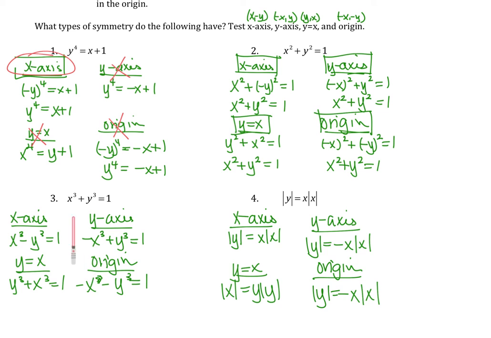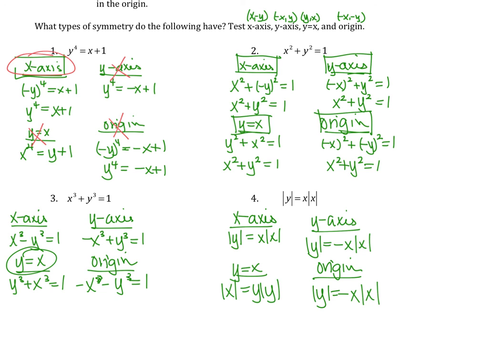In the y-axis, we get negative x cubed plus y cubed equals 1, also not the same. For y equals x, we get y cubed plus x cubed equals 1, which is the same as my original. So we do have symmetry in y equals x. And then for the origin, we get negative x cubed minus y cubed equals 1, so not the same. So on 3, only symmetry in the line y equals x.